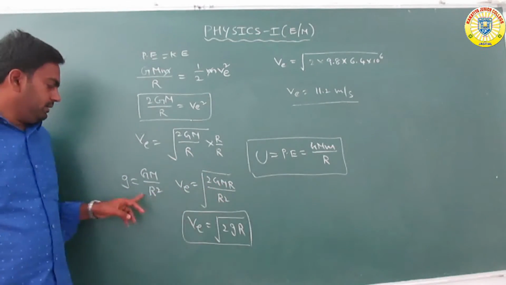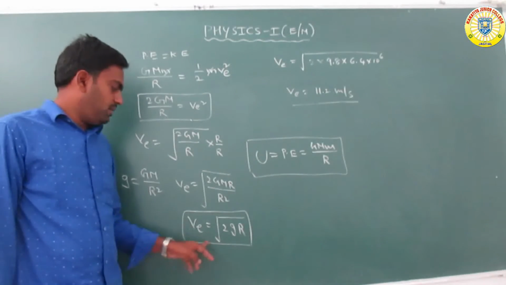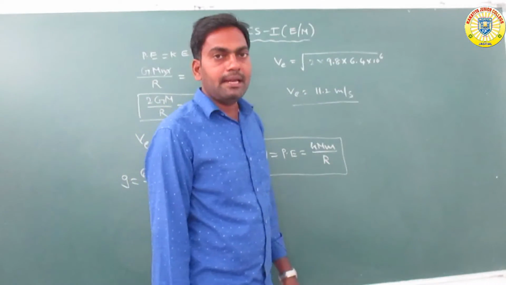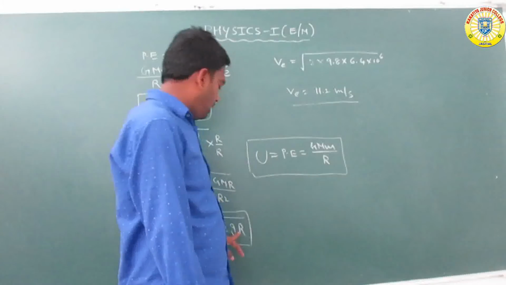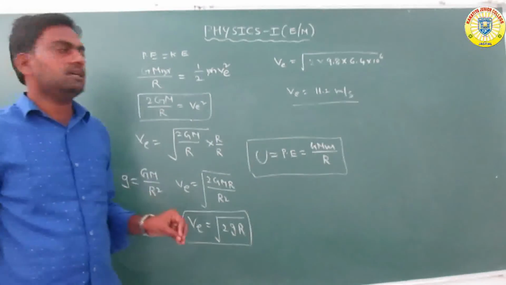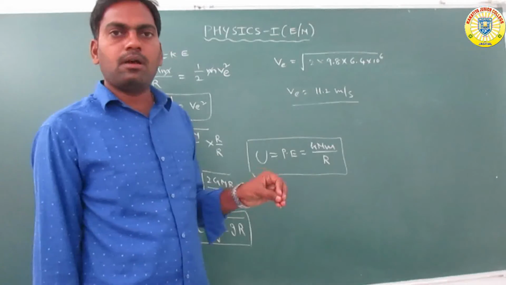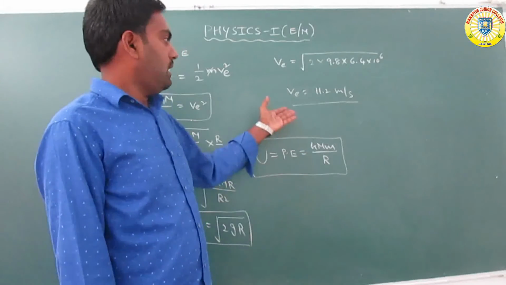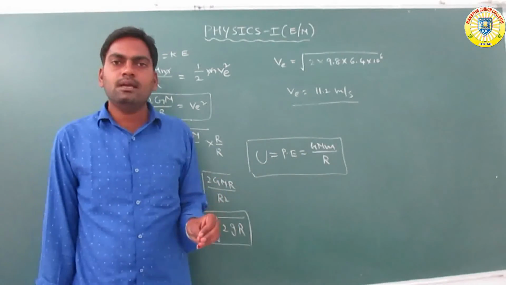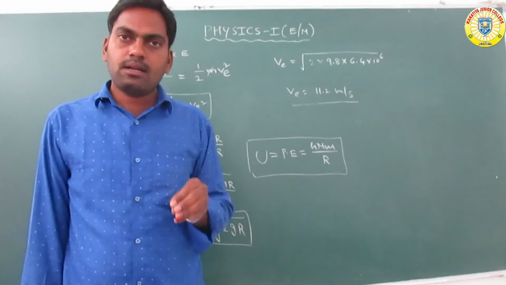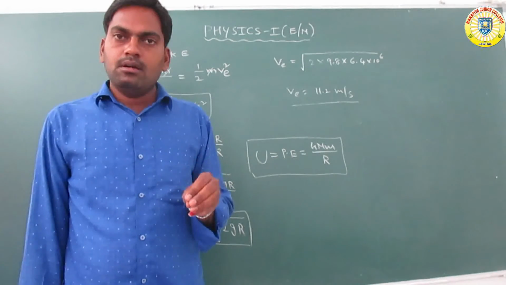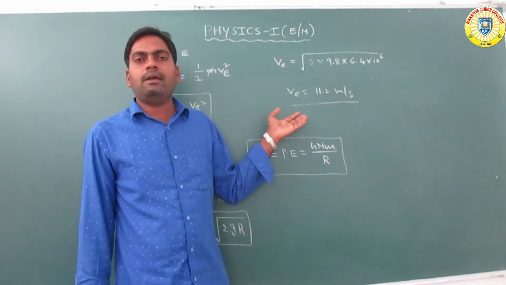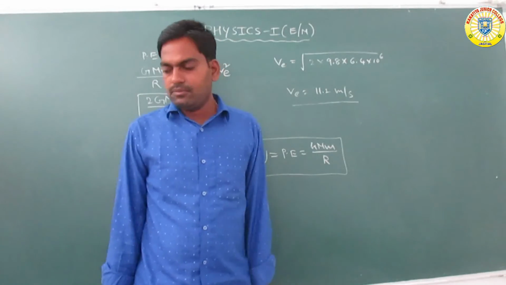But GM by R square we can write as small g, so v is equal to the square root of 2gR. Substituting g as 9.8 meters per second square, and R as the radius of the earth, 6.4 into 10 to the power of 6, we get the escape velocity. For any object to escape from the gravitational influence, 11.2 kilometers per second is required.